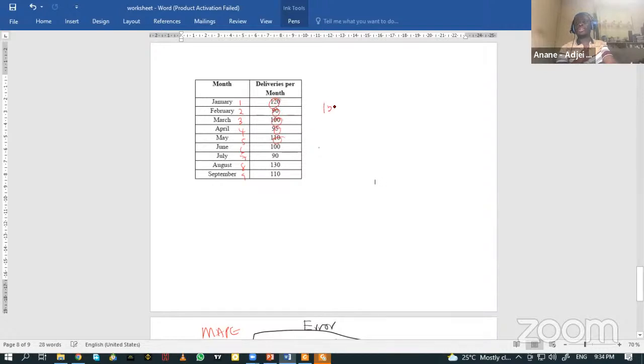It will be 120 plus 90 plus 100 plus 95 plus 110, all divided by 5 months. That is for this month. Somebody is saying 103. Okay, so you do that to calculate for the rest.